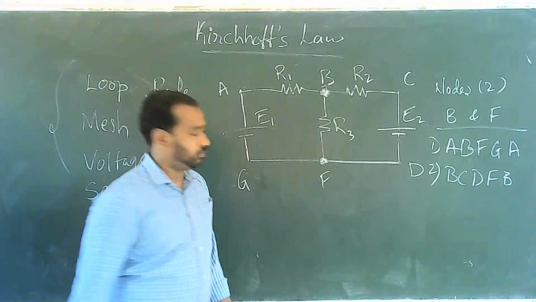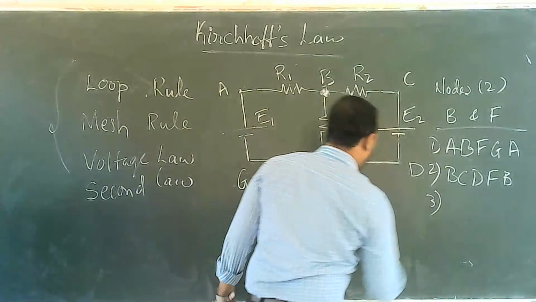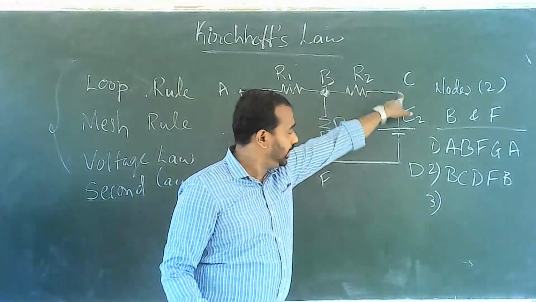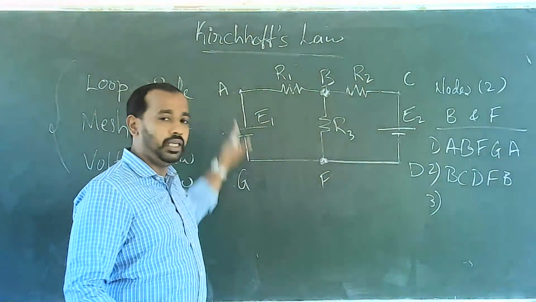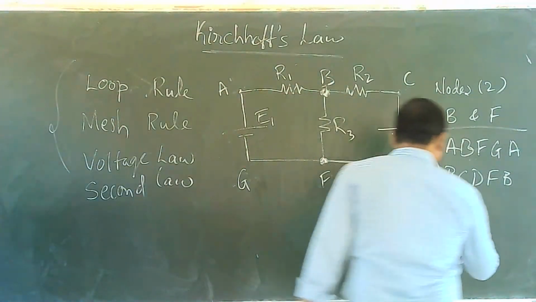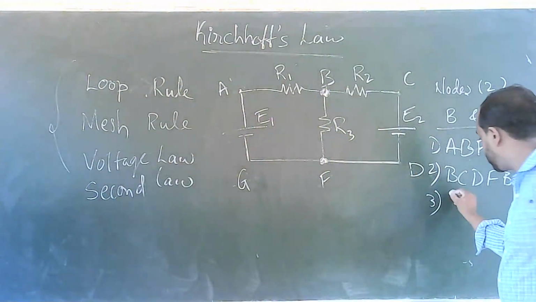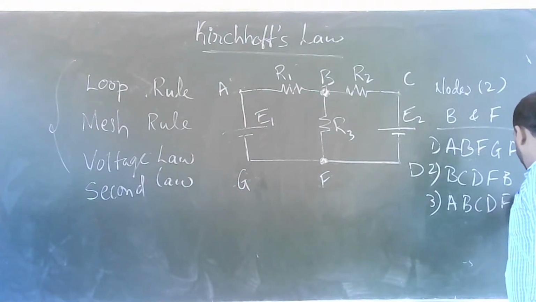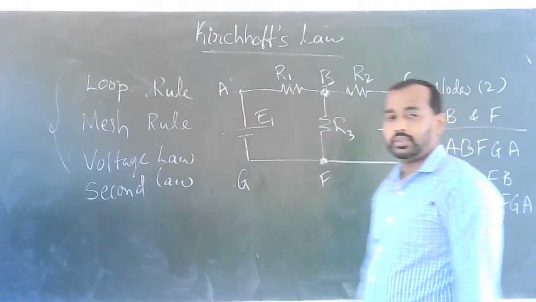Yes, of course, there is one more loop. Third loop, starting from A, B, C, D, F, G, A. The larger loop. So there are three loops in the given circuit.